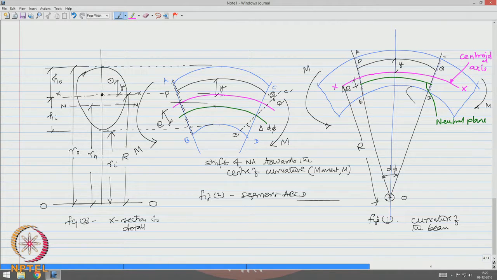We call this surface the concave side and this surface the convex side, which can be the extrados, and this is the intrados. With these 3 reference figures, let us try to derive the equation for finding the stress at outer and inner fibers.